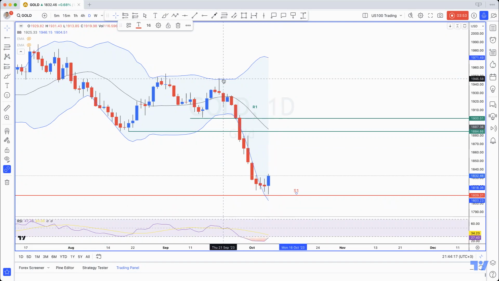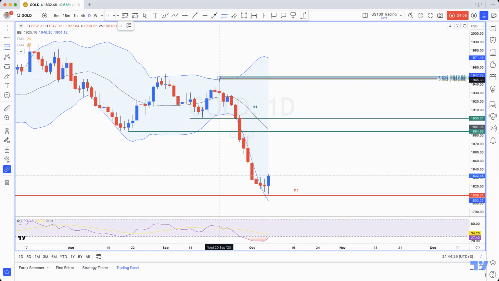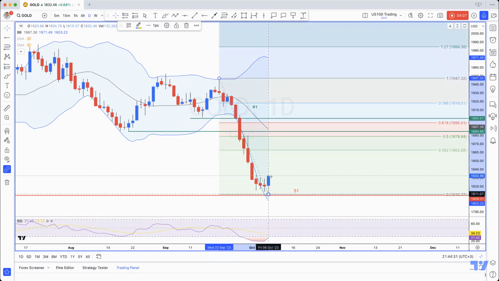Now, if we want to enter on the daily chart, we're going to do the extensive analysis here. So maybe we're going to use this high and this low to find some kind of retracement, like from here to there. And here is the 50% of the fib and the 61.8%. In between, this is the resistance we marked from the weekly chart.